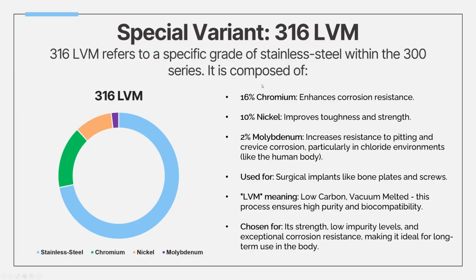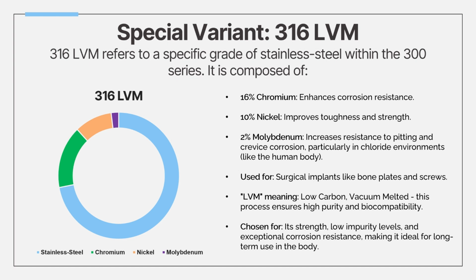And we have another special variant that could be seen in the healthcare facility, and it's called 316 LVM. It's a high-grade stainless steel used mainly for implants. It contains chromium, nickel, and molybdenum, along with, of course, stainless steel. And this gives it a superior corrosion resistance, especially in the body's chloride-rich environment.